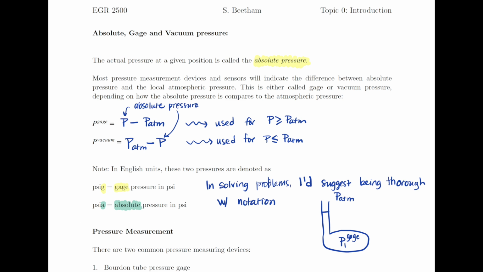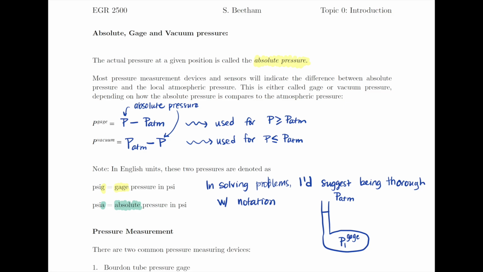So gauge pressure is the absolute pressure minus P atmosphere. Whereas vacuum pressure is P atmosphere minus the absolute pressure.